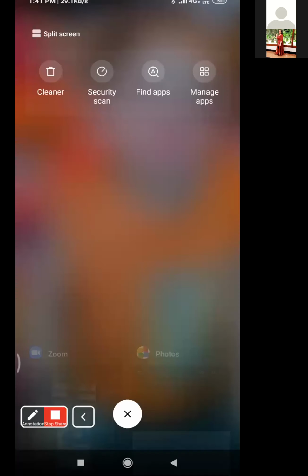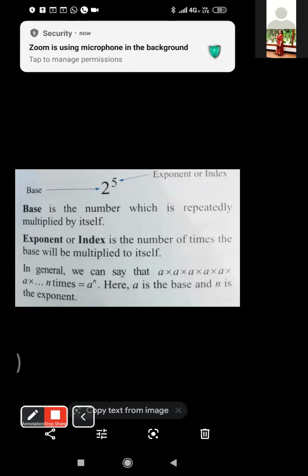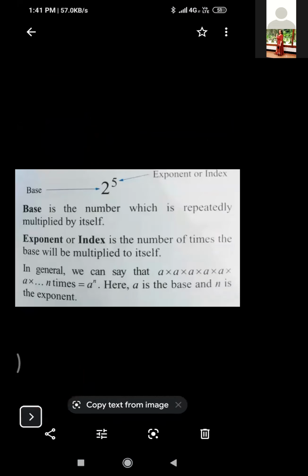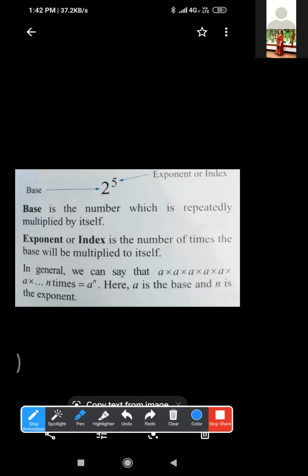See the next concept. You have to remember and write this. Listen, base 2 raised to power 5. It means 2 is the base and 5 is the exponent.